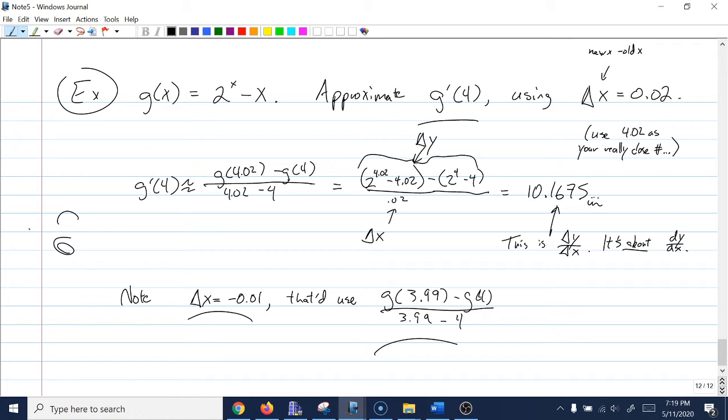Let me do an example where I can emphasize the difference between exactly and approximately. Let's take h of x equals x cubed, and let's approximate h prime of 2 using delta x equals negative 0.0001.